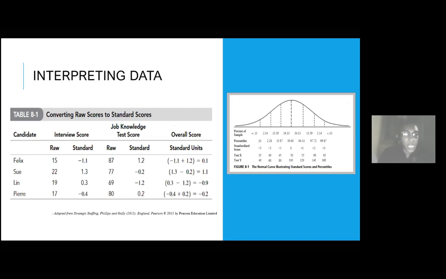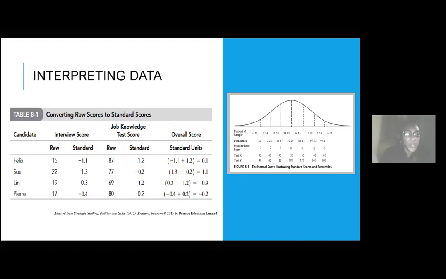At the interview, she got 22 from the scores, and she got a 77. So when the standard scores were calculated, she got a positive 1.3, and she got a negative 0.2. But when the standard scores were added together, she came out with a positive 1.1.